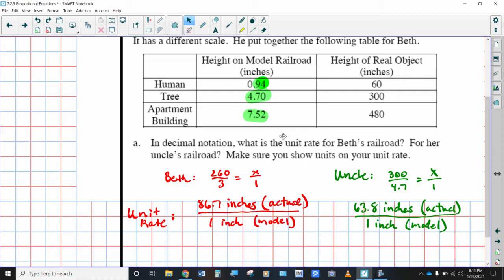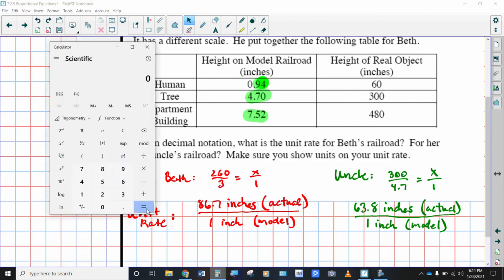You can just copy it down. We need to find unit rates. And so to find the unit rate, you do the division. What is 260 divided by 3? You take your calculator, 260, and you divide it by 3, and you get a unit rate of 86.6 repeated, or 86.7 inches in real life represents 1 inch on the model.